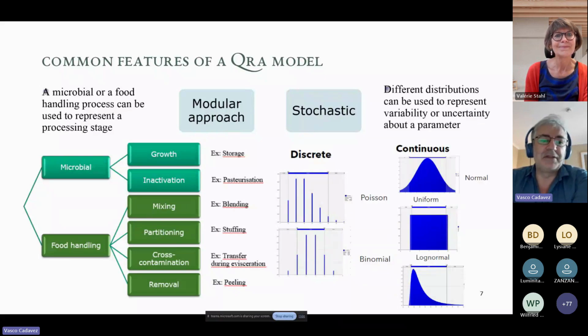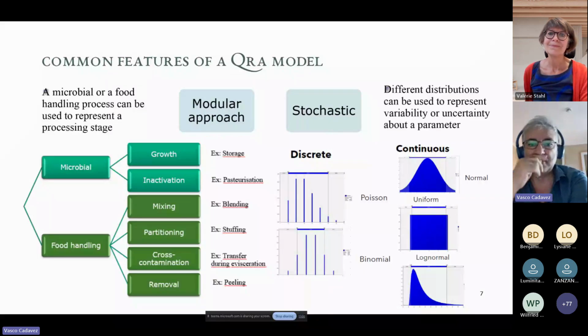If you submit the food to some pasteurization, then we will observe inactivation. During food handling, we can do mixing, partitioning, and then we can talk about cross-contamination. Of course, we can also remove some parts of the food, and this removal can be a source of contamination, but we can also remove some parts that are contaminated, for example, with peeling.